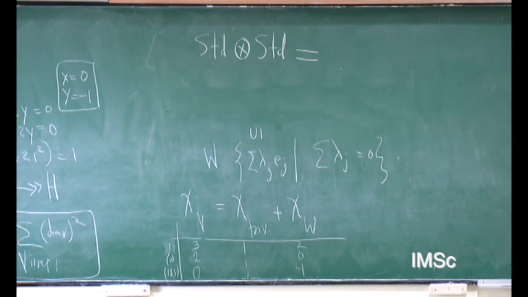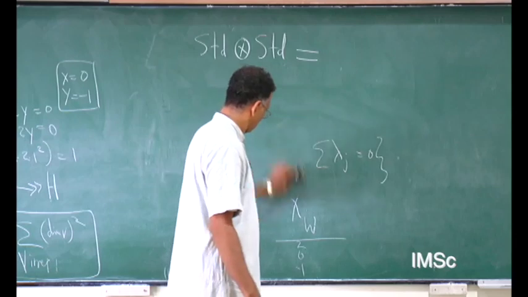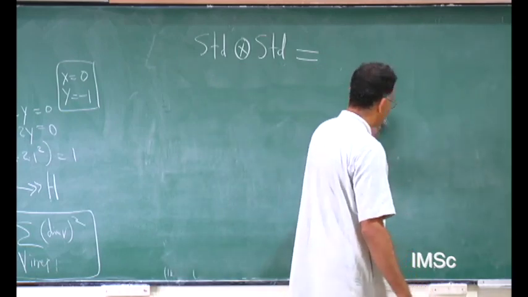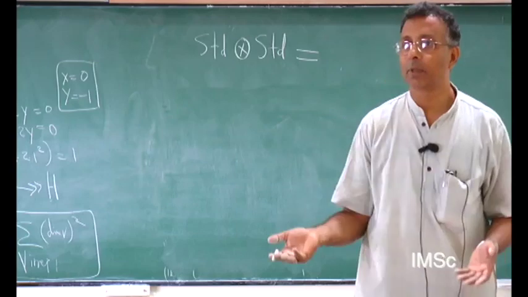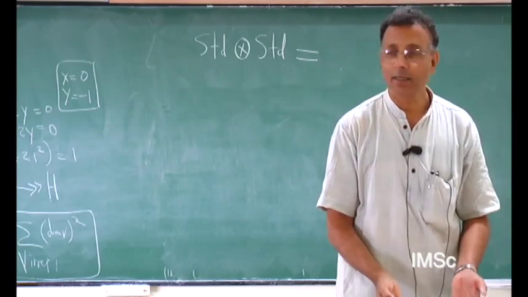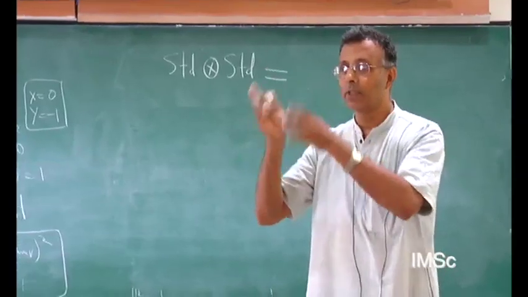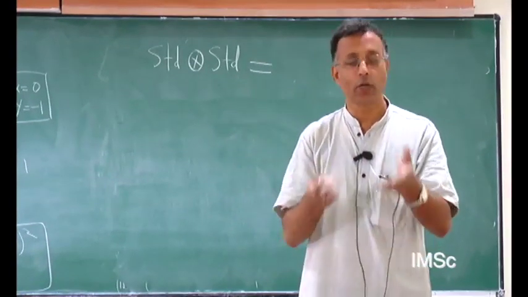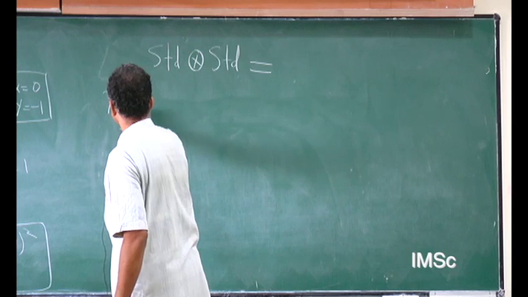How would you do it? You just follow your nose and do it. How do you break it up? You compute the character. What is the character of chi standard tensor chi standard?